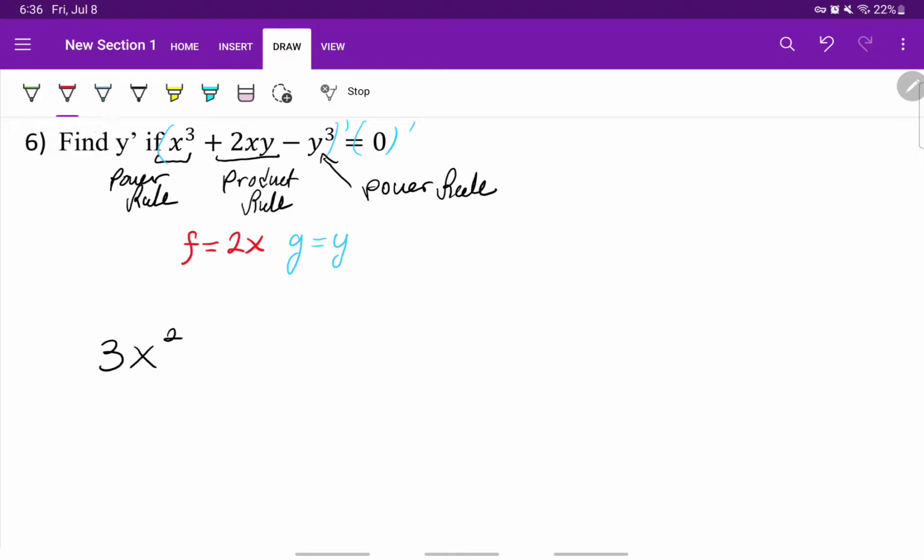The derivative of f, the derivative of 2x, is just 2. To find g prime, we take the derivative of y. The derivative of y is going to be 1. But because this is a y, it is 1 times y prime, which is just y prime.